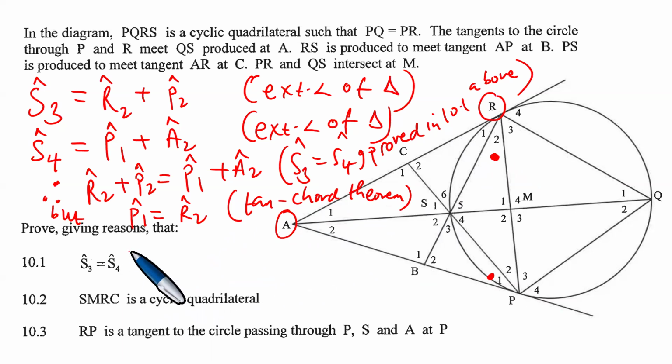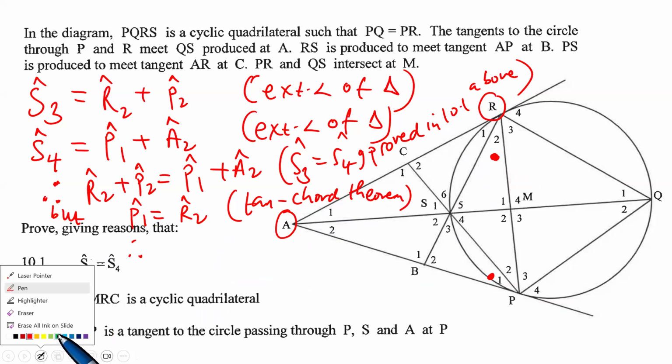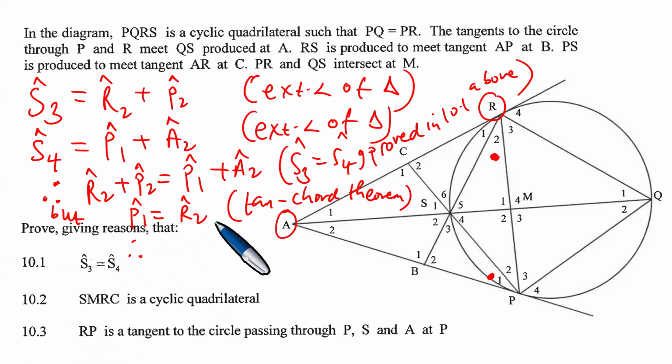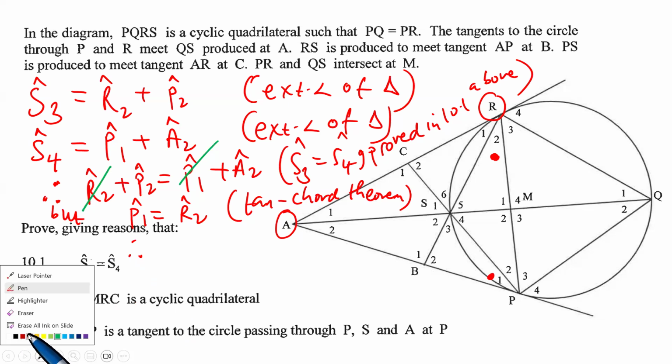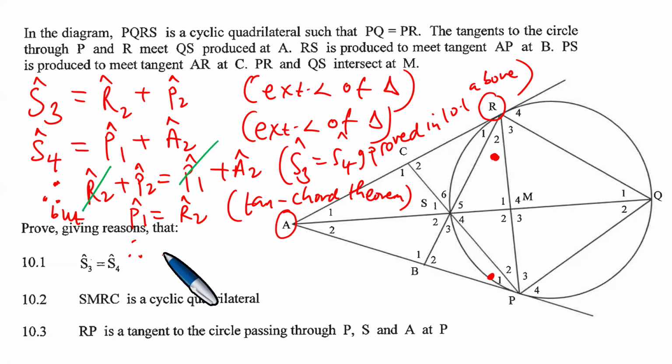And the conclusion, therefore, if angle P1 is equal to angle R2, is that these ones you can cross out. And after you cross them out, we're able to make the conclusion that the angle P2 is equal to the angle A2, like so.